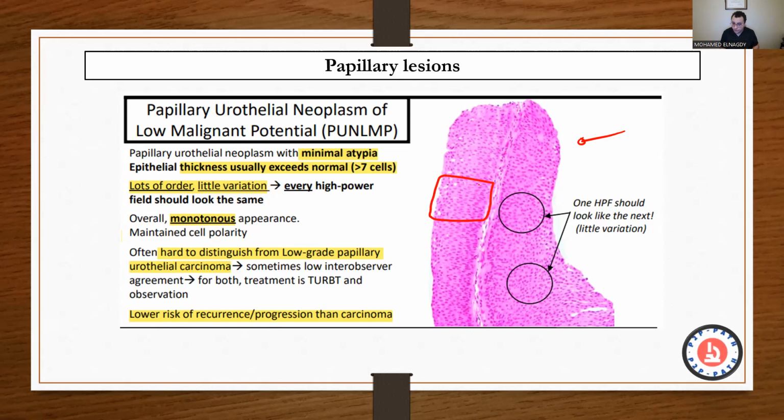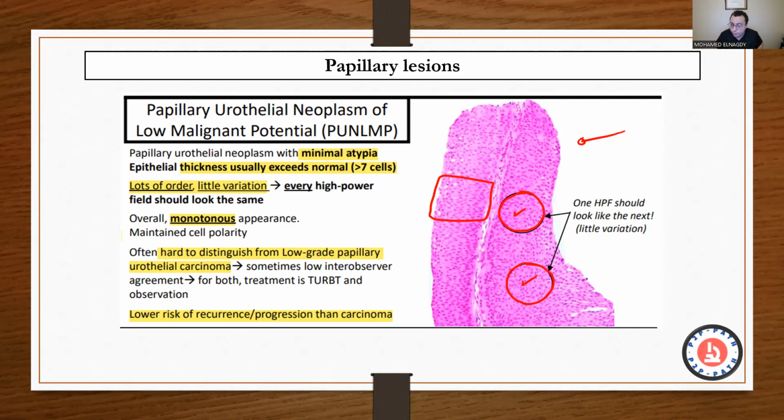In terms of cytology, when you go through any high power fields in any area of this papilla, you see identical cells or identical architecture or identical cytology. Cytology is very bland looking, very, very low grade, to the point that you might say, this is just an increase in the thickness of the urothelium without any change in any cellular morphology or any cytology.